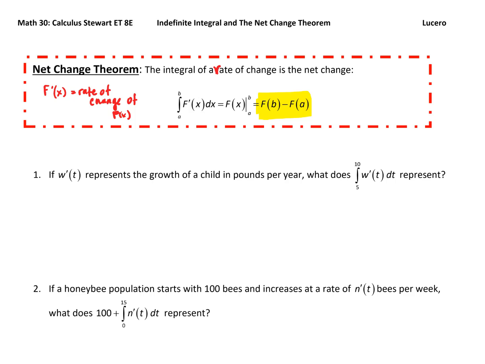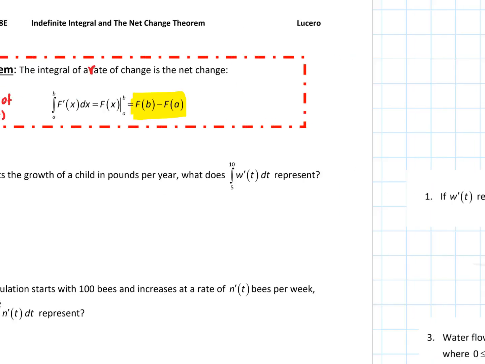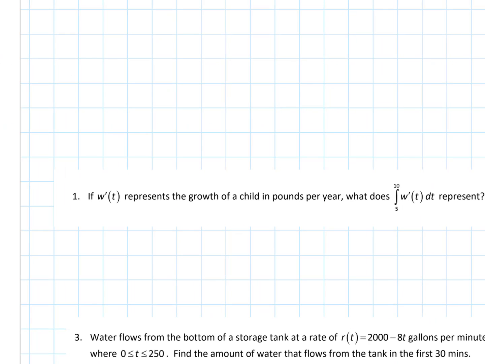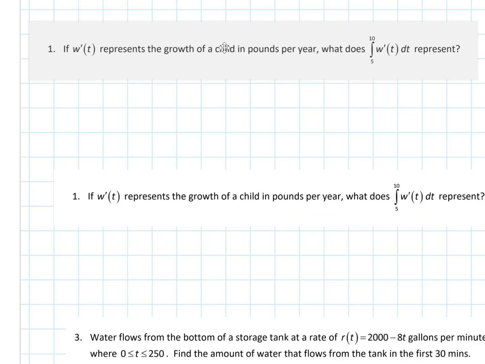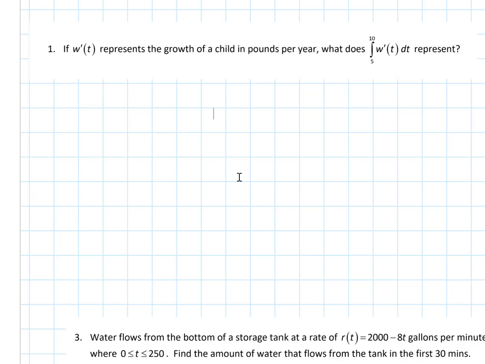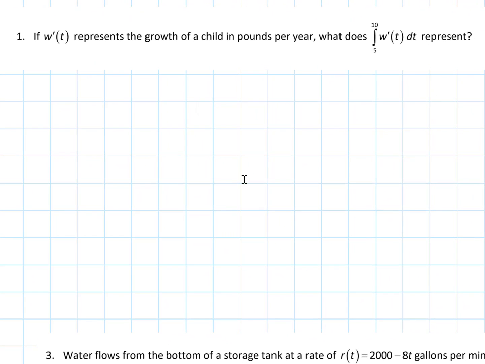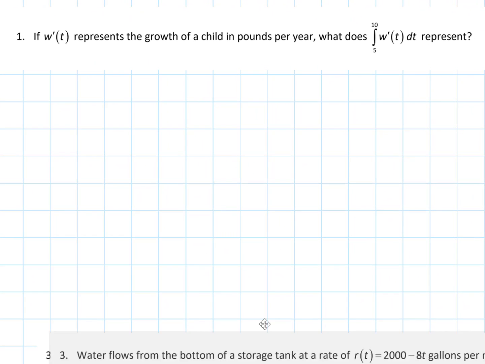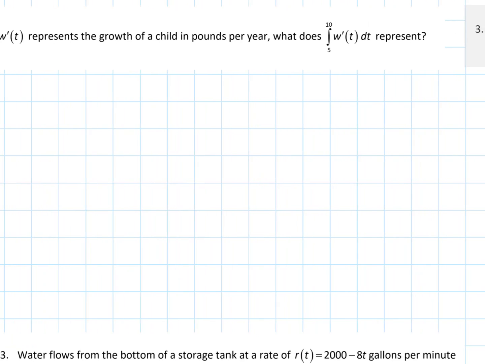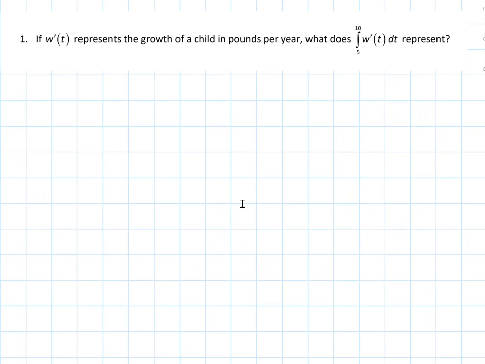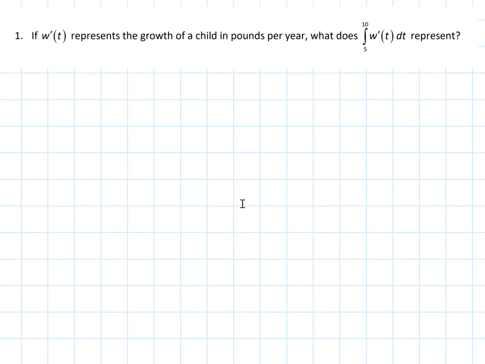So let's just look at a couple examples. I pulled some of these examples off to the side so that we would have a little more space. So let's do them over here. Let's just suppose we have w prime of t, and it's representing the growth of a child in pounds per year. Well, if what we want to find is the integral, we want to talk about what that integral represents: the integral from 5 to 10 of w prime of t dt.